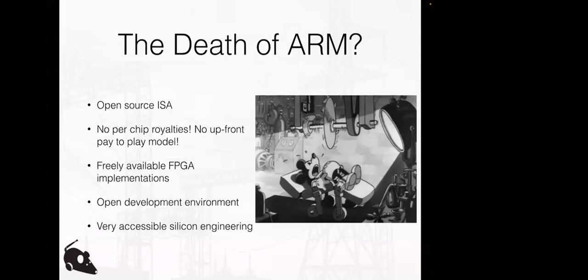So you can literally just go to our GitHub and download the current version of the ISA and take that straight to silicon and go to TSMC in Taipei and fab your own chips and have your own physical RISC-V CPUs in your hand in the matter of maybe a couple of months without paying the RISC-V group a thing. And the reason why that's really important is because the ARM model is a pay-to-play model.